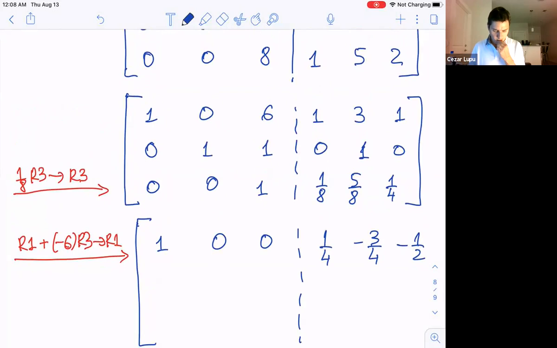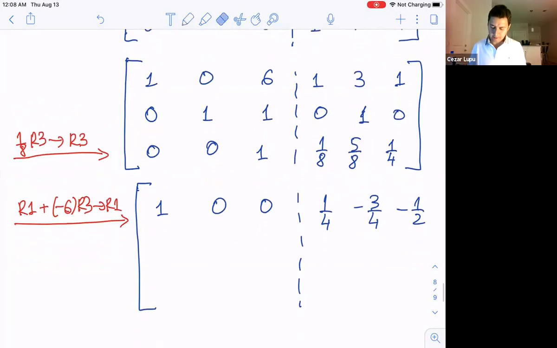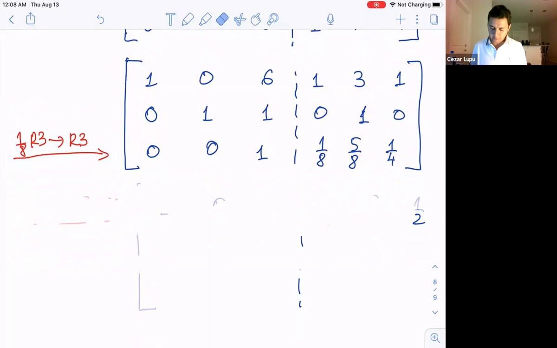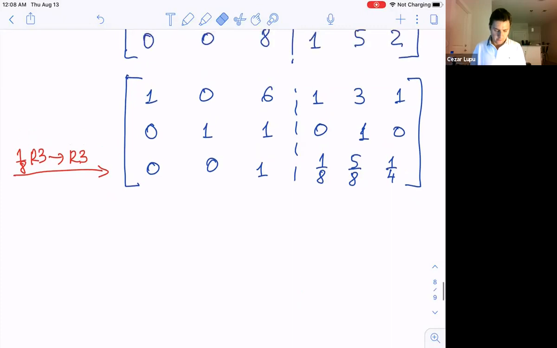Wait, I think I forgot to do an operation. No, wait, not yet. I jumped one step ahead. Now what I'm gonna do, we have one more step.